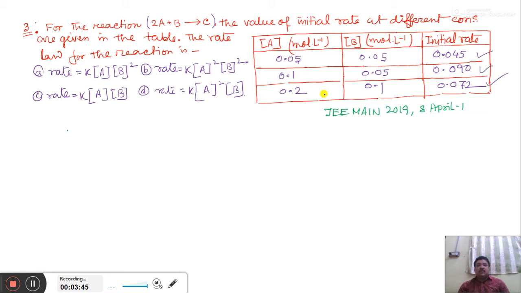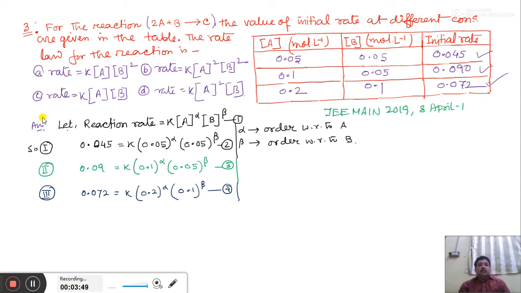So from the table we can write, now we know, let the reaction rate be equal to K into [A] to the power alpha and [B] to the power beta, where alpha is the order of reaction with respect to A and beta is the order of reaction with respect to B. Now from experiment 1 we can write 0.045 rate is equal to K into 0.05 to the power alpha and 0.05 to the power beta.